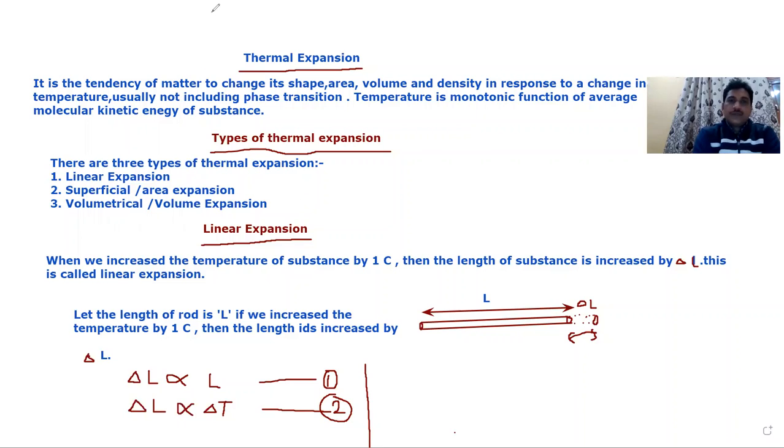From equation 1 and 2, what will happen? We can say delta L is proportional to capital L into delta T.